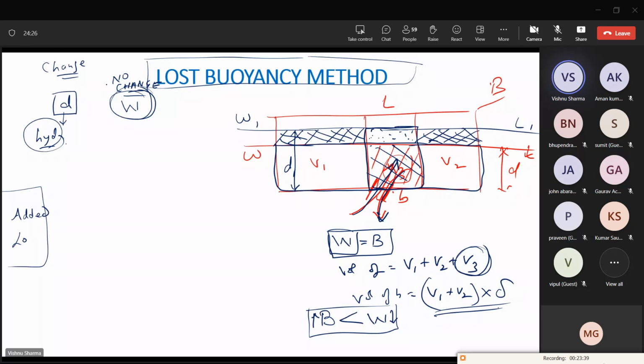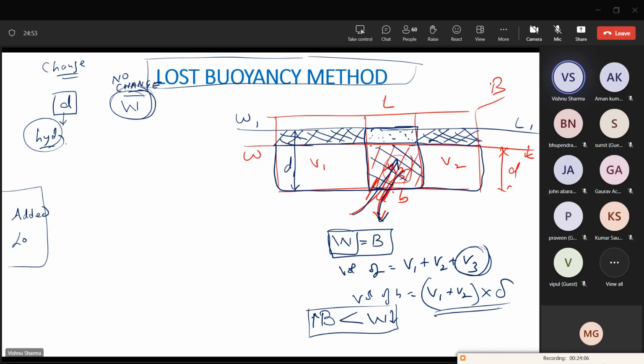And one more thing which is most important. If the bilged water in the compartment has a free surface, then under the added weight method, since that water belongs to you, the free surface also belongs to you.